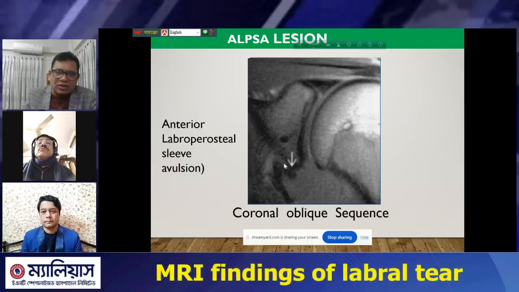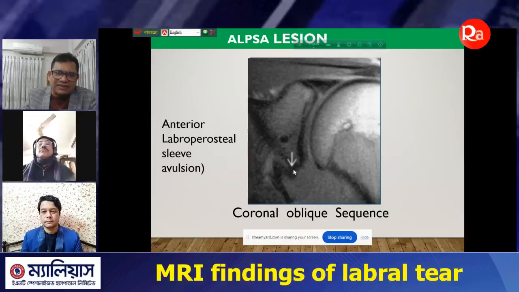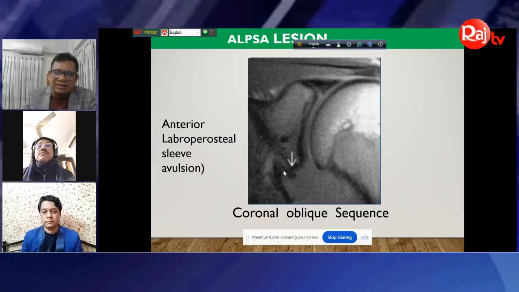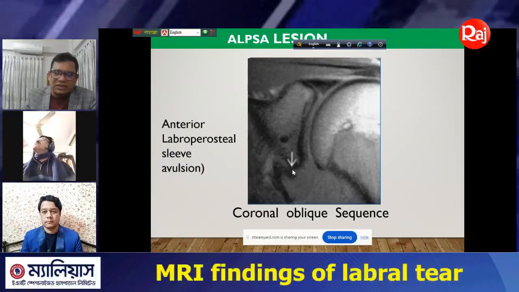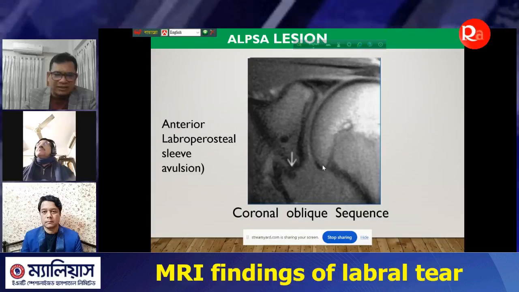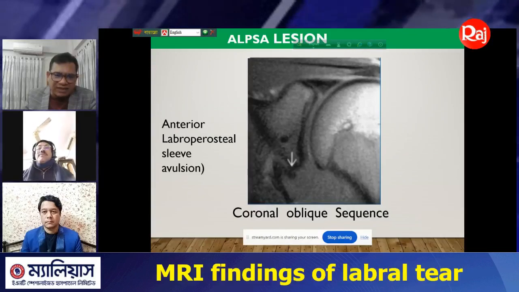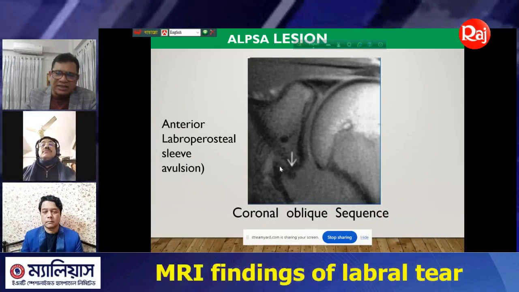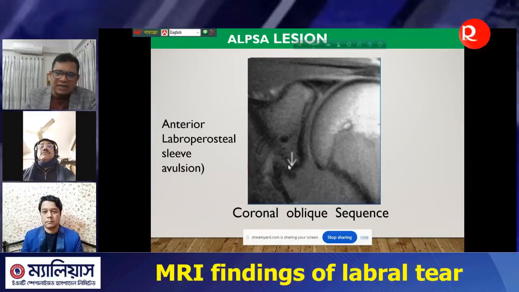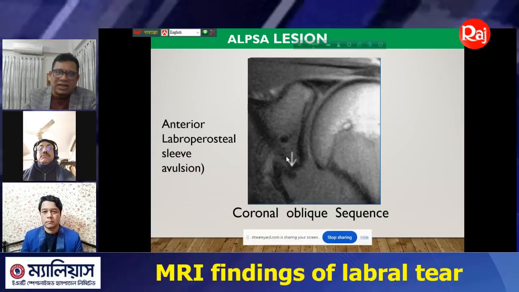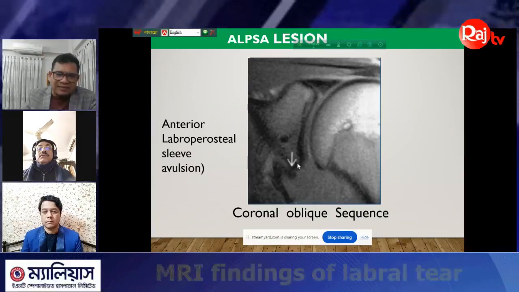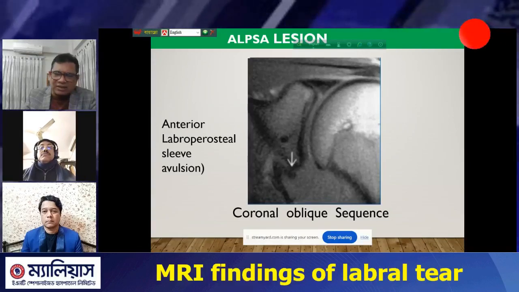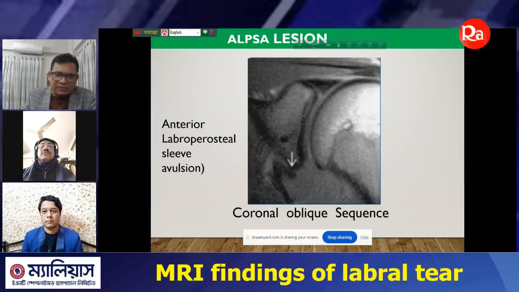This is why it is called anterior labroperiosteal sleeve avulsion. That means it is an ALPSA lesion, and ALPSA lesion is always associated with Bankard lesion. It is an important finding in recurrent shoulder dislocation. Where there is recurrent dislocation, there is Bankard lesion, and there is also ALPSA lesion. This ALPSA lesion is one of the risk factors which causes the recurrence rate of the dislocation.